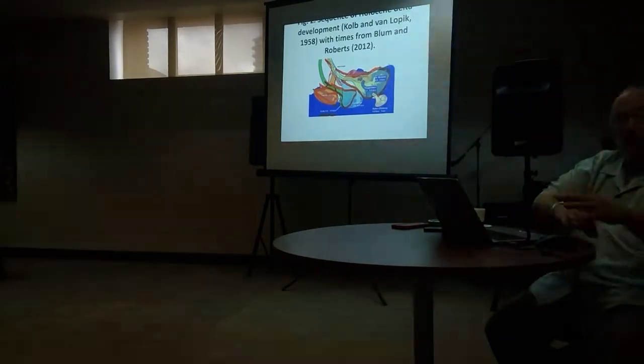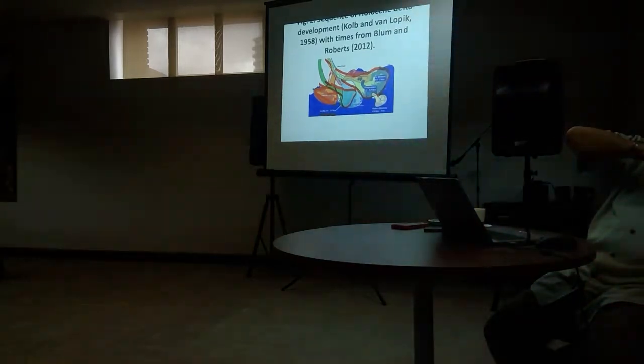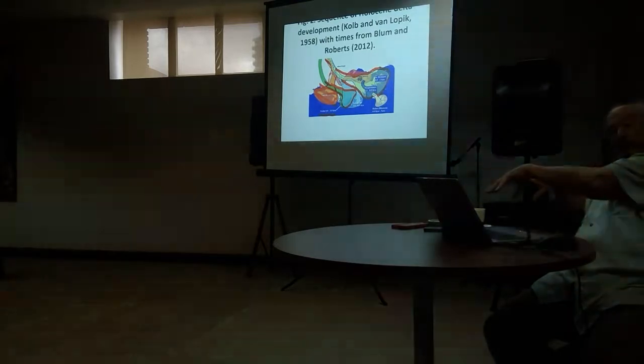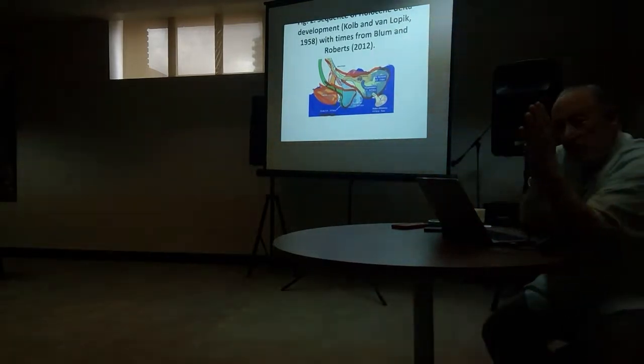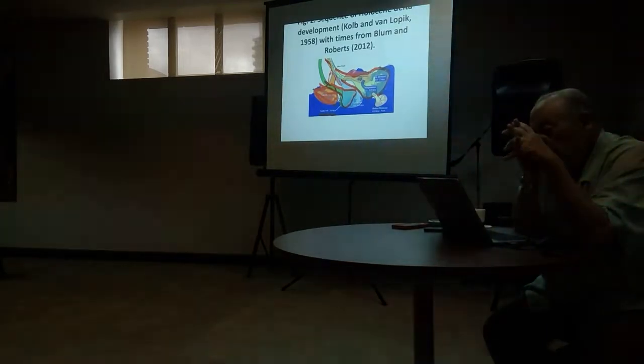So you see, what we're doing is we're building up a delta by deposition in one area, and then another area, and then another area, as the river migrates to these new areas.